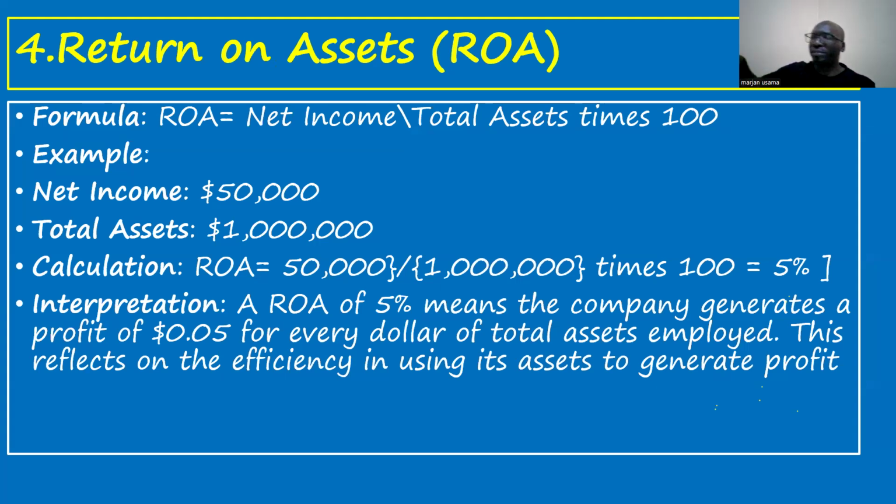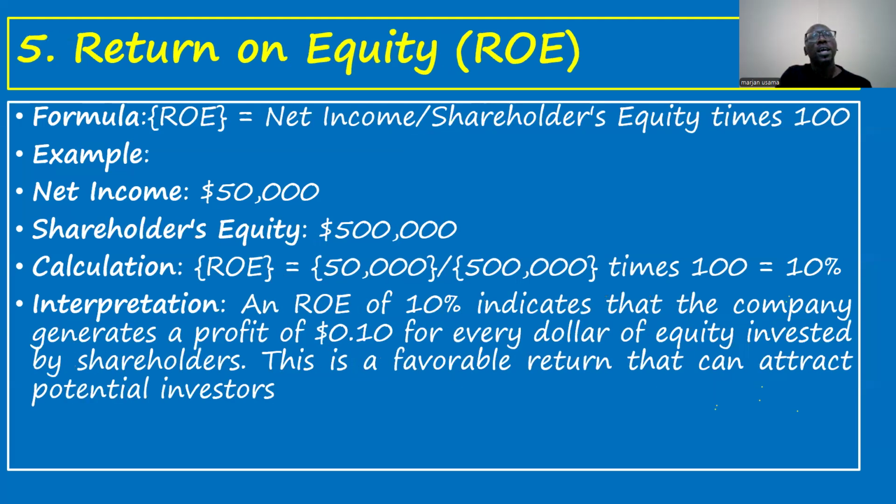So you have assets, but they are not giving you any income, or maybe not enough income. So as an organization or as a business, always ensure you are using your assets efficiently to help you get profits.